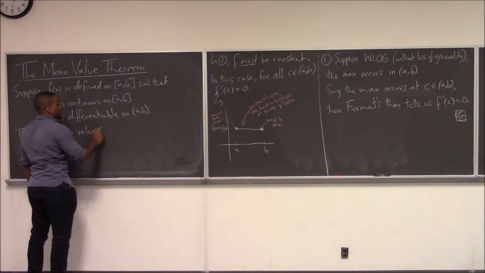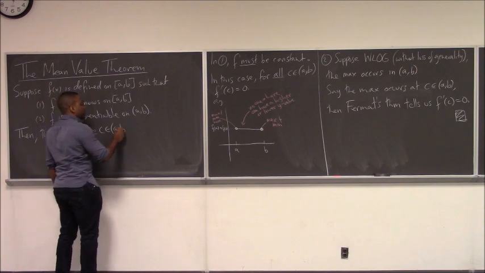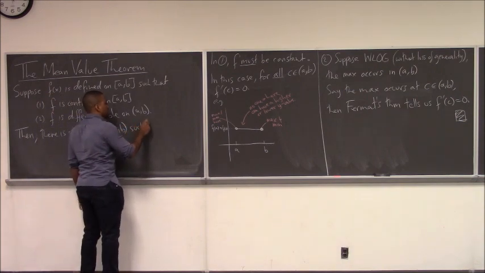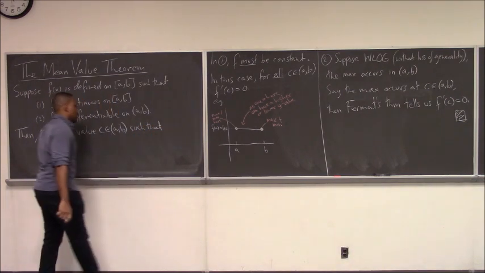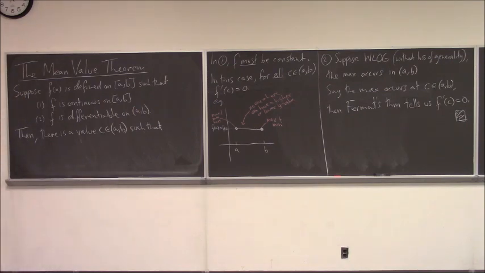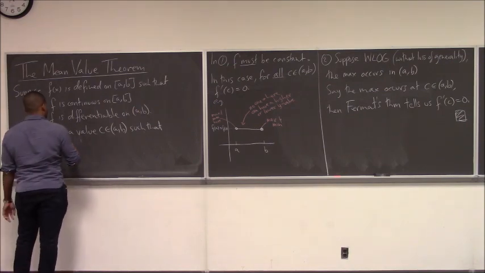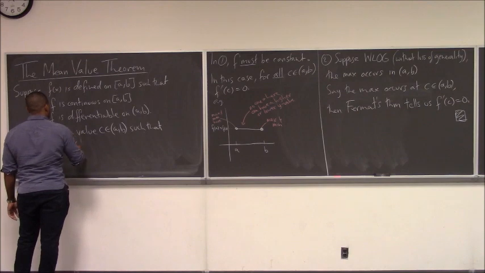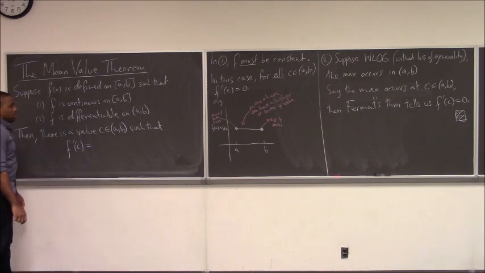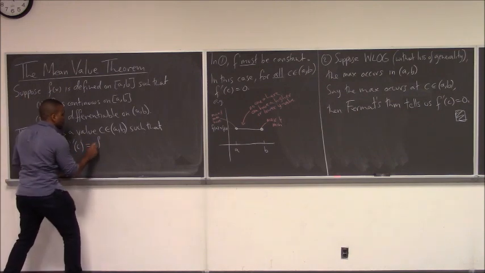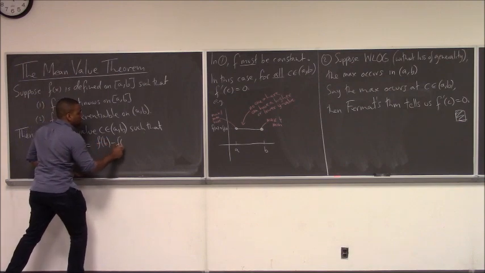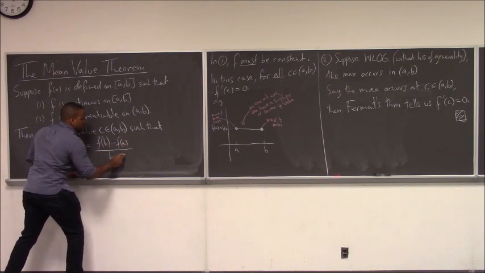There is a value c in (a, b) such that f prime of c is going to be f of b minus f of a over b minus a.